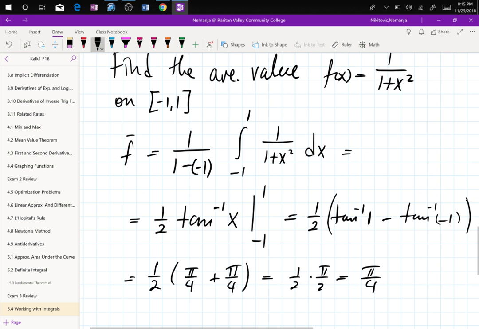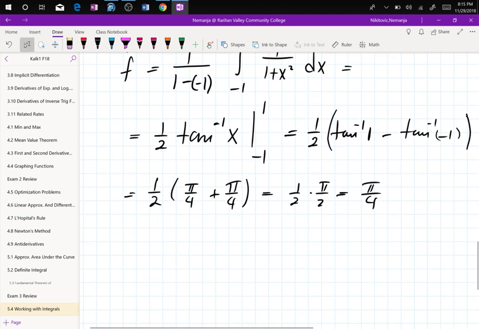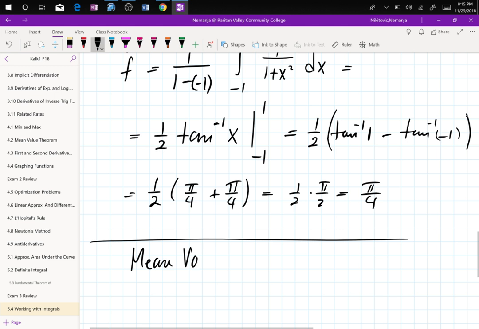All we need to do is to rename this formula now into the mean value theorem for integrals.